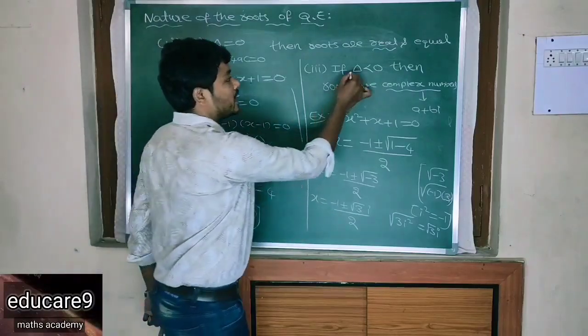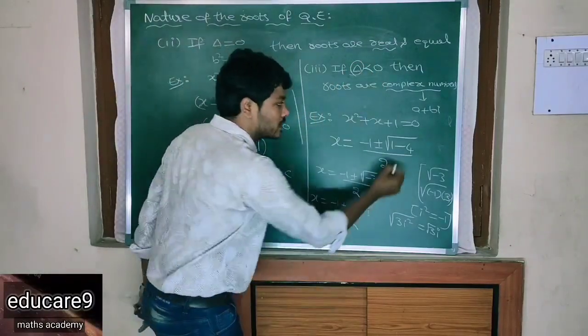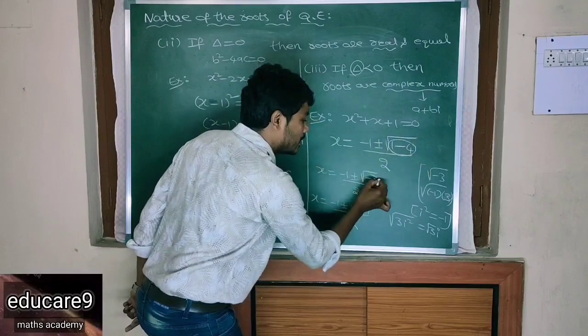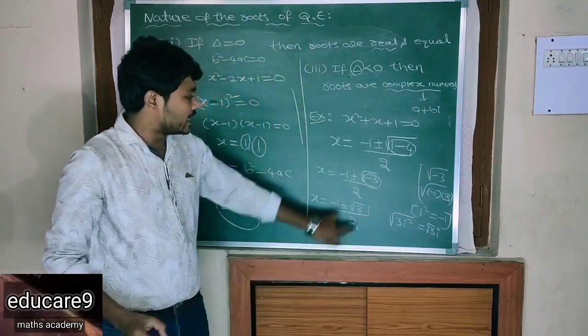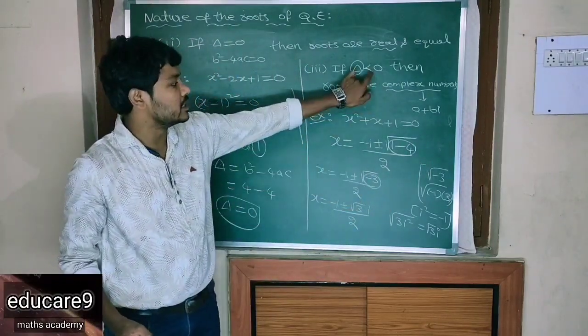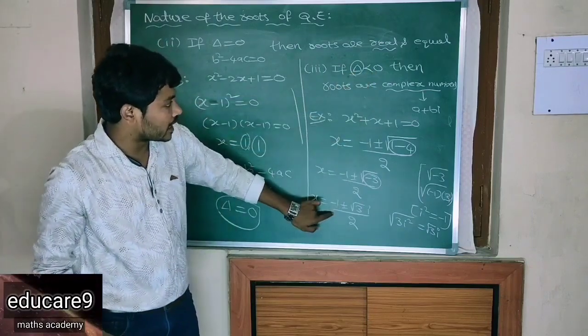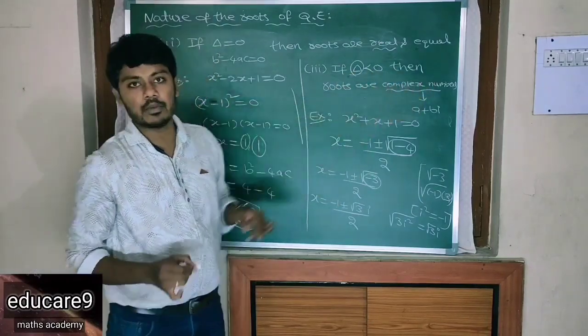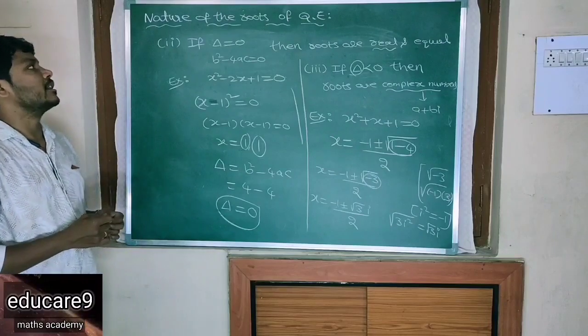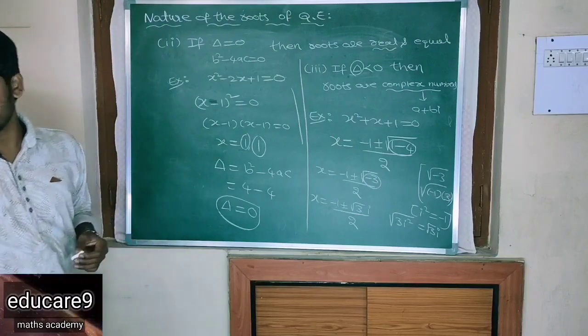See here. So what is delta here? B square minus 4ac. So delta is what? Minus 3, less than 0. So roots are, you got complex numbers. So these are the nature of the roots.